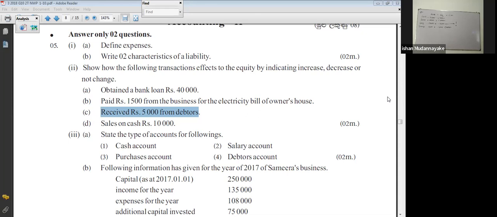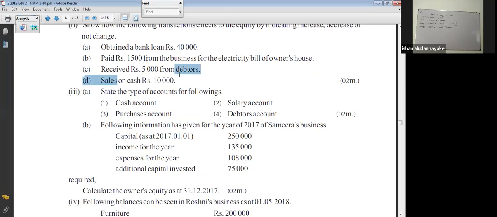I will explain. D. Sales on cash 10,000. Equity increase. Okay, next.